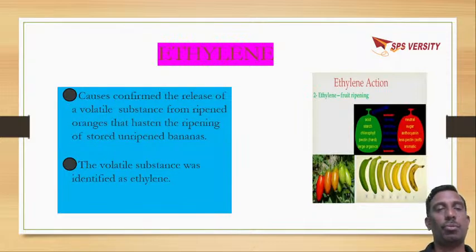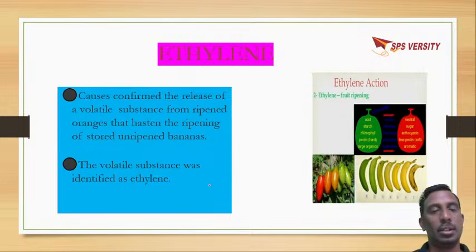It is called the fruit ripening hormone. Generally, from ripened fruits a gaseous substance is released, which is nothing but ethylene, and it promotes the ripening of unripened fruits.